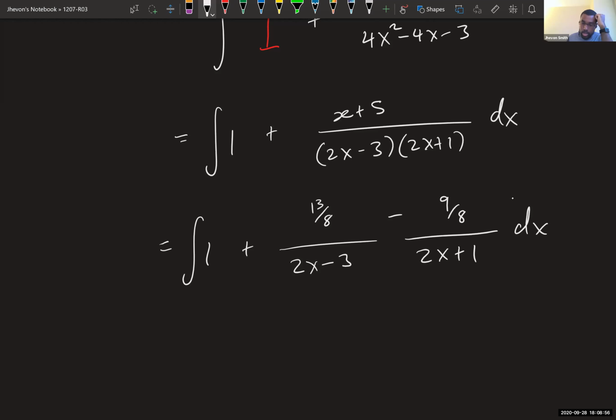Okay, and again, you could use the cover-up method here, right? 2x minus 3 as well as 2x plus 1 are linear. So you could cover up the 2x minus 3.